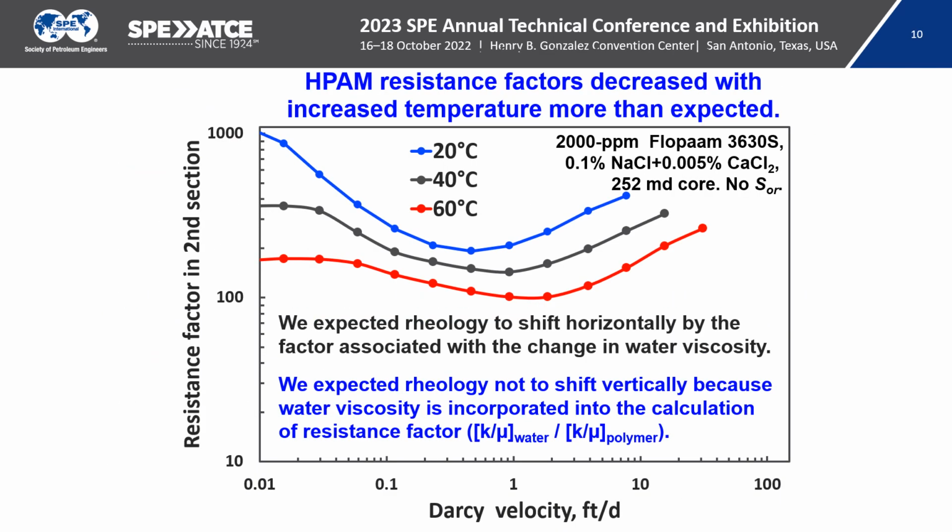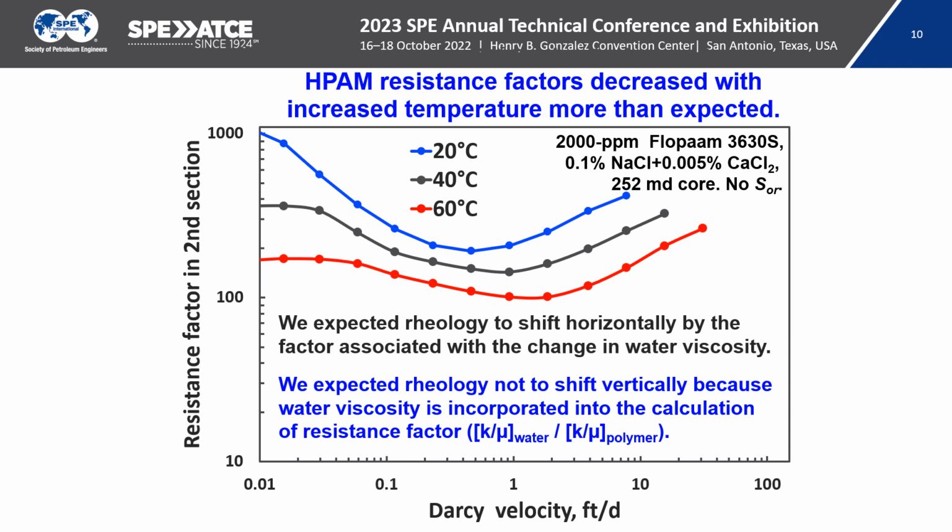The final thing I'd like to discuss is the effect of temperature on polyacrylamide rheology in porous media. And let me introduce this by first saying that for a long time we have known that water viscosity decreases with increased temperature in a very predictable way.